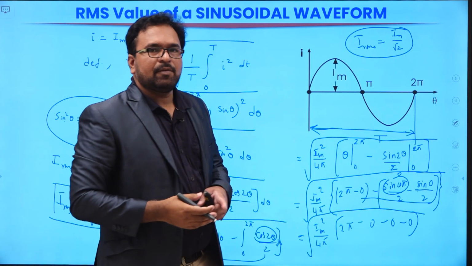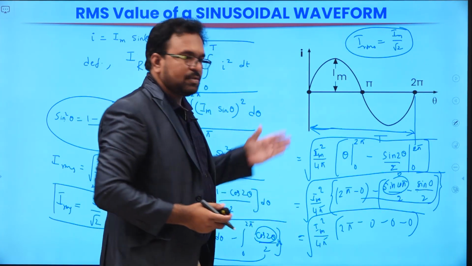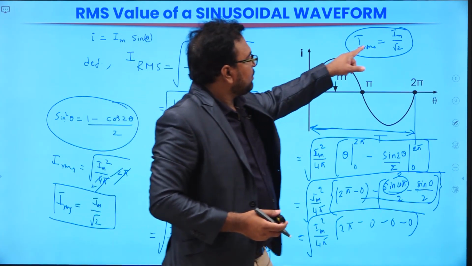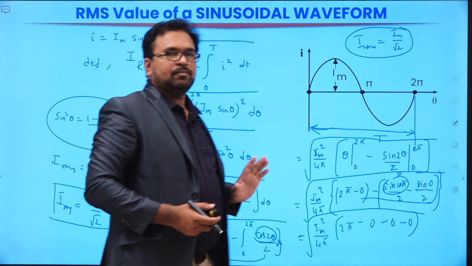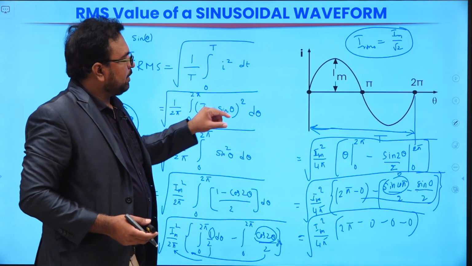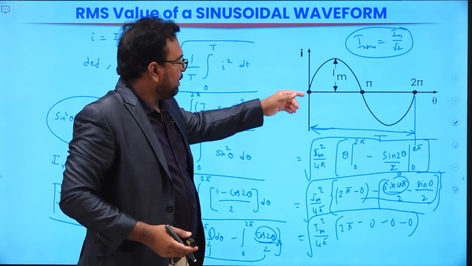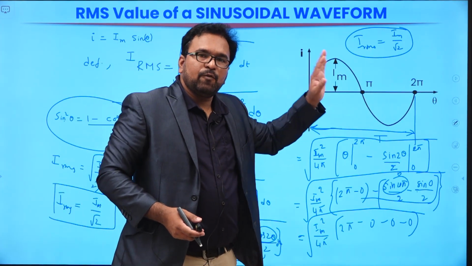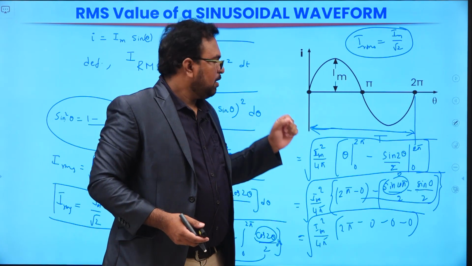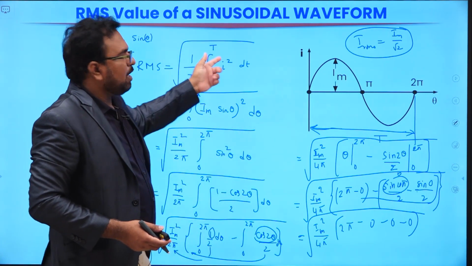If you want to calculate for voltage, you have to do the same process. So VRMS will be Vm by root 2. Here in case of RMS value, keep in mind that there is no need to verify whether the waveform is symmetrical or not, because we are squaring all the instantaneous values.